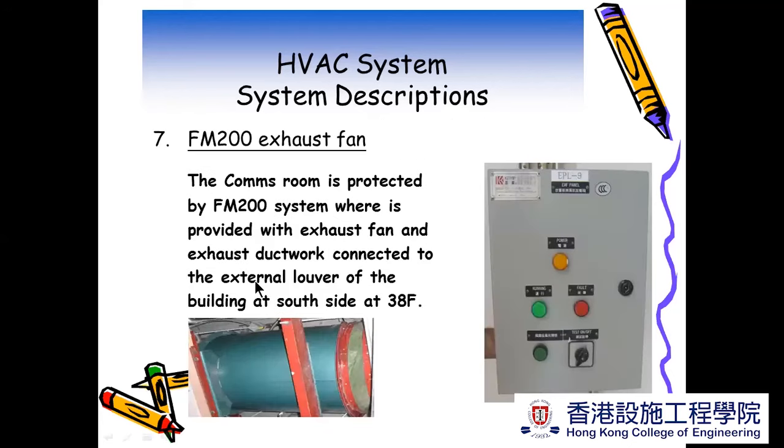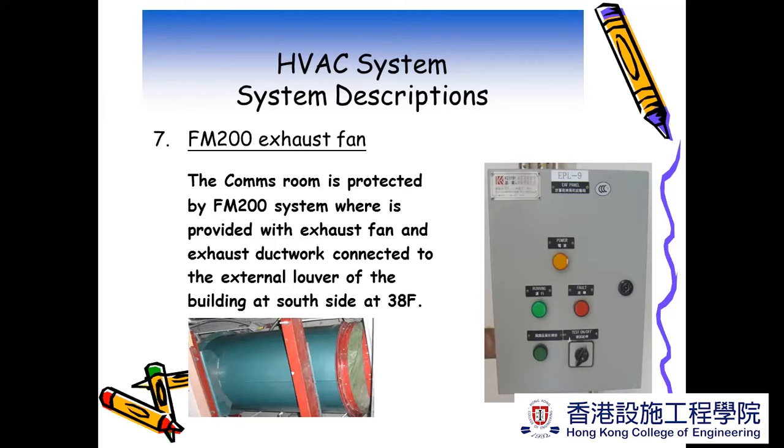In this case, there's an FM200 together with an exhaust fan. By law, if FM200 gas has been discharged, there should be an exhaust fan to exhaust the FM200 gas. This is because the FM200 gas is basically non-toxic, but if the FM200 reacts with some other chemical, it may become toxic.